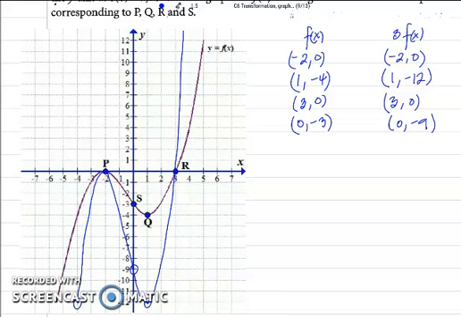And what we just drew would be the graph of y = 3 f(x). So to obtain the graph of y = 3 f(x) from the graph of y = f(x), for every point on y = f(x), we keep the x coordinate and multiply the y coordinate by 3, plot the points, and after we plot the points, we just then draw our graph. All right, and that is a vertical stretch.